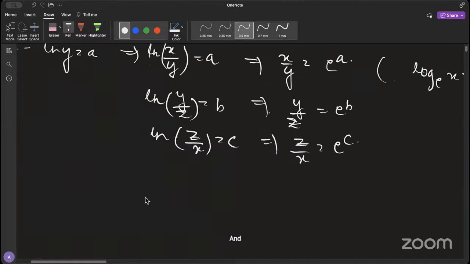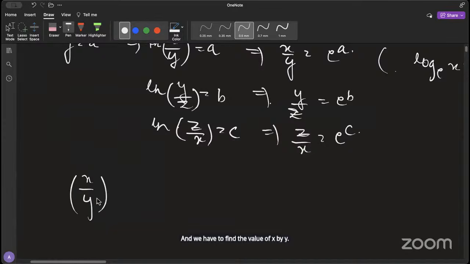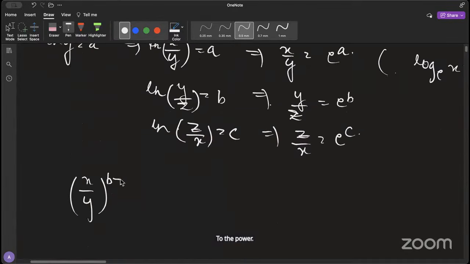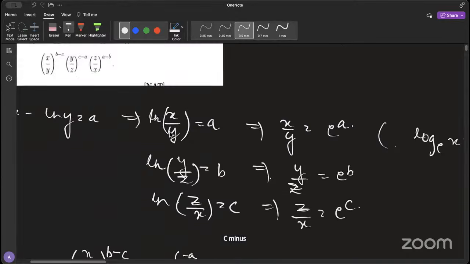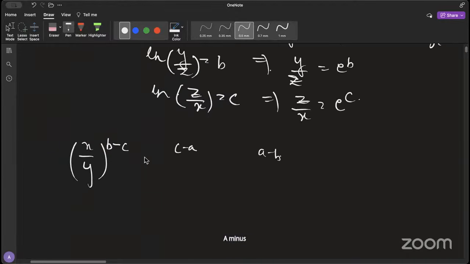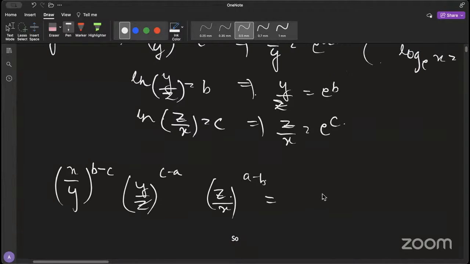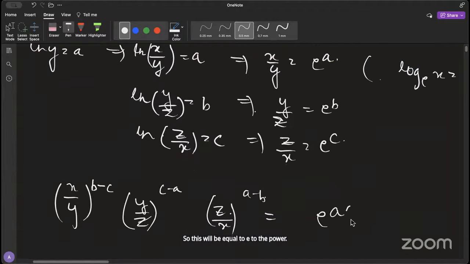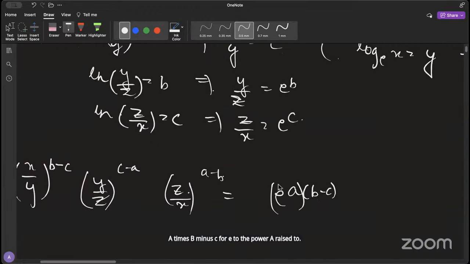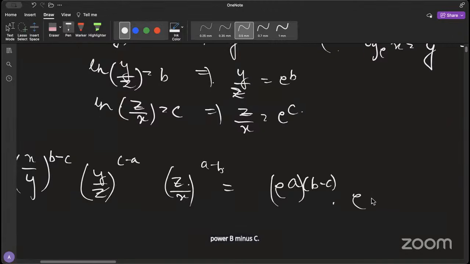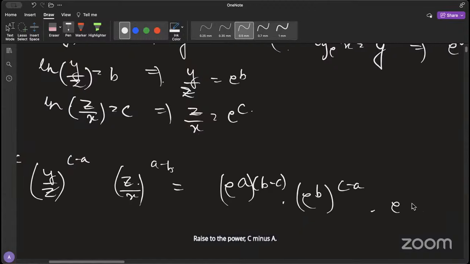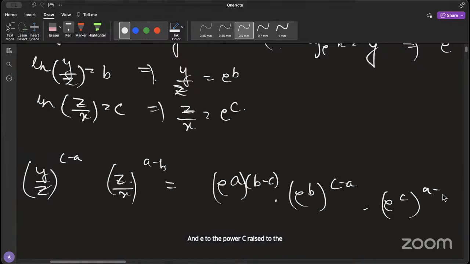And we have to find the value of x by y to the power b minus c, y by z to the power c minus a, and z by x to the power a minus b. So this will be equal to e to the power a raised to the power b minus c, multiplied with e to the power b raised to the power c minus a, and e to the power c raised to the power a minus b.